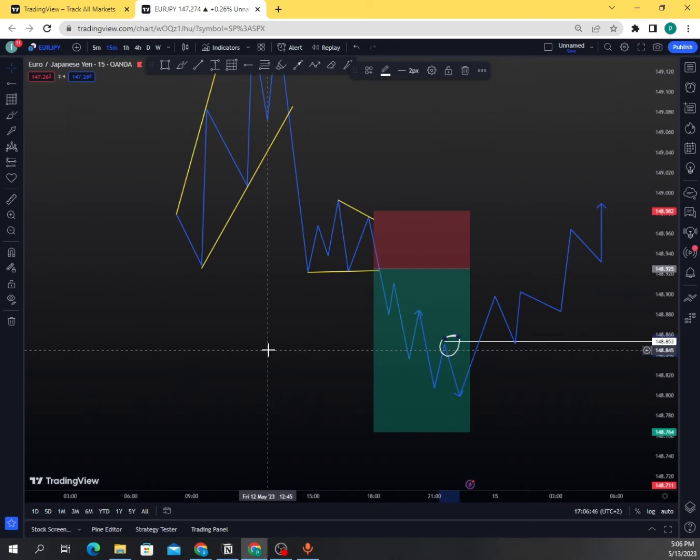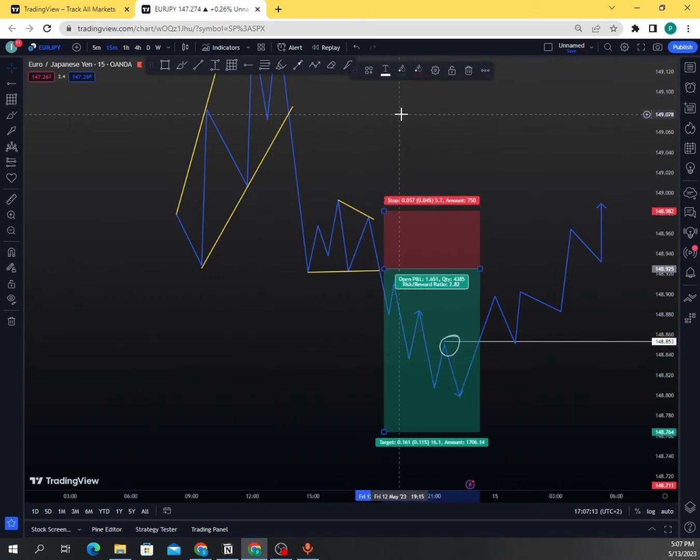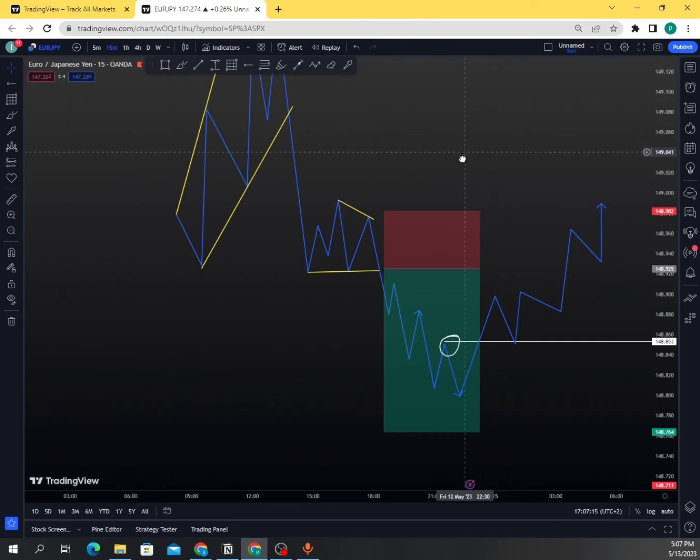Sometimes a set and forget approach can work in your favor, but most of the time, it will be a waste, because imagine you are running 3% in profit, and then price reverses back to take you out with a negative trade. So you see, guys, that's not good management.